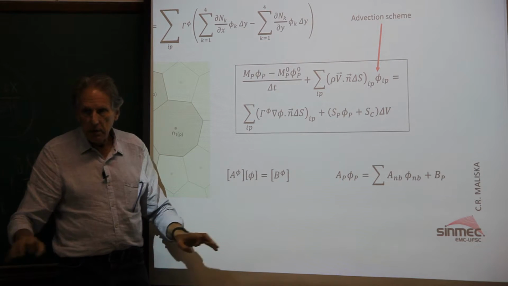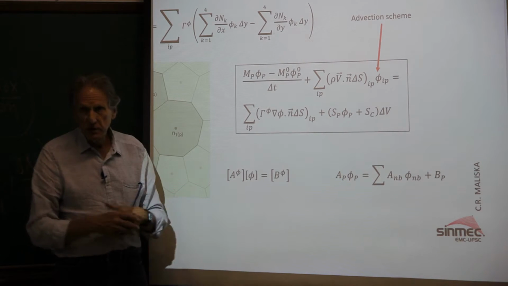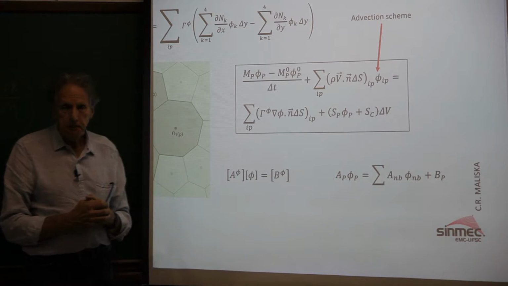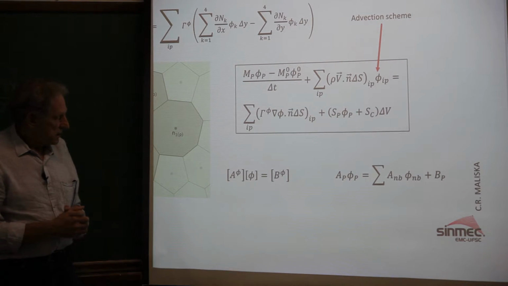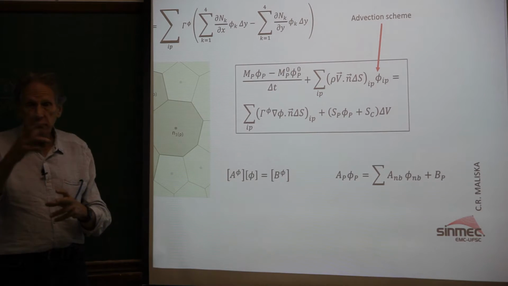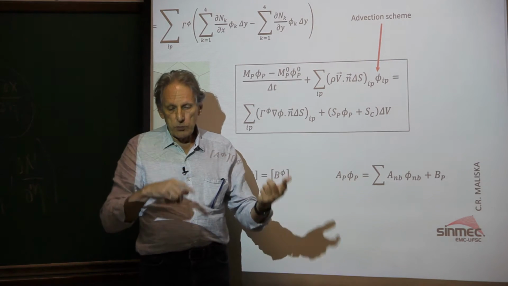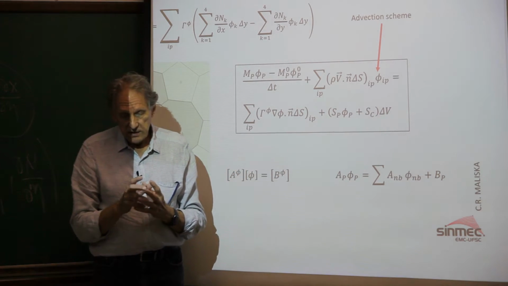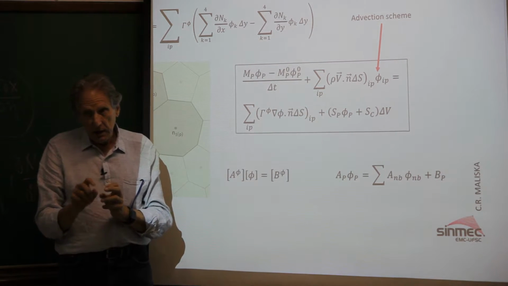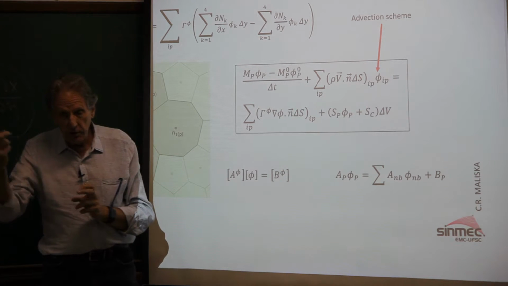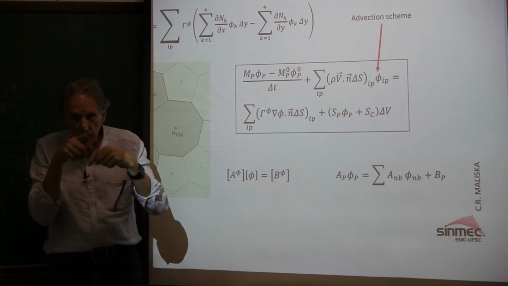If you are creating your own program, you go to the literature and choose the scheme that you find better for you. Doing that, you may have schemes that, in order to find the phi at the integration points, may involve nodal points, or may involve other integration points, so there is a system of equations to be solved.